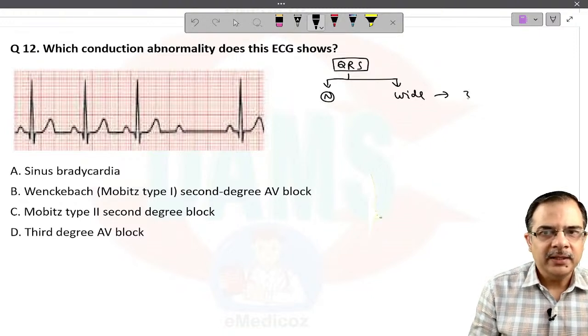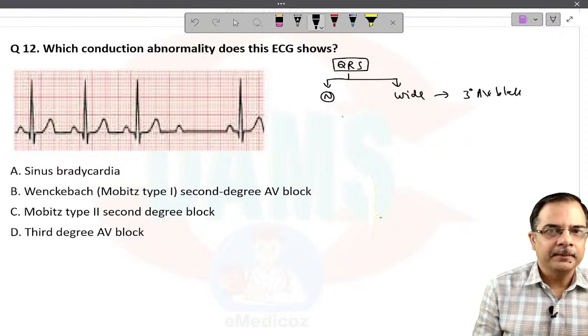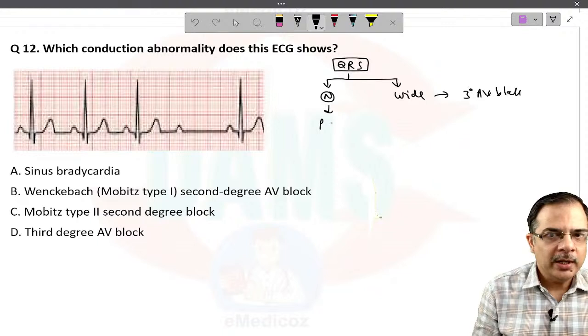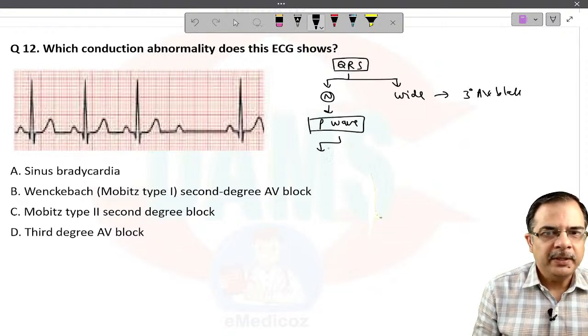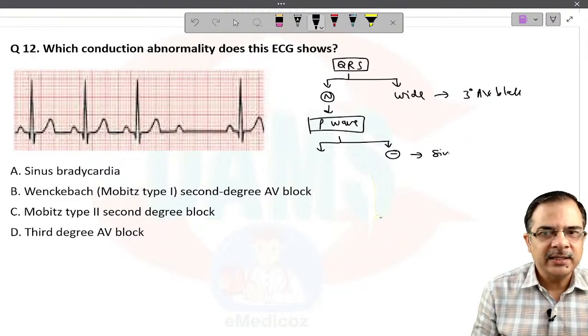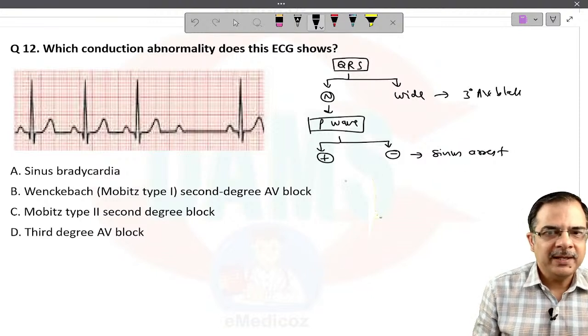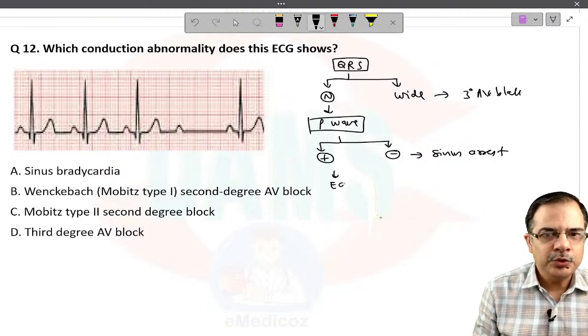If it is wide, then it is likely third degree AV block, no doubt about it. If it is normal, look at the P wave. If the P wave is absent, it is a case of sinus arrest. If the P wave is present, then look at whether each P is followed by QRS.